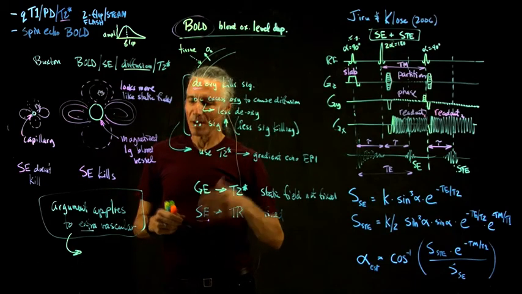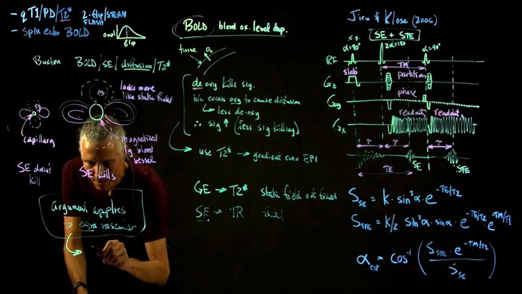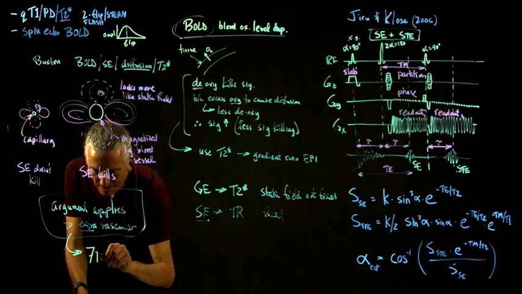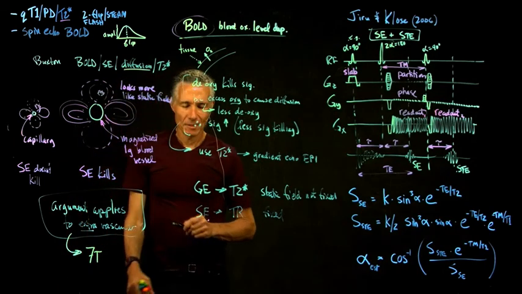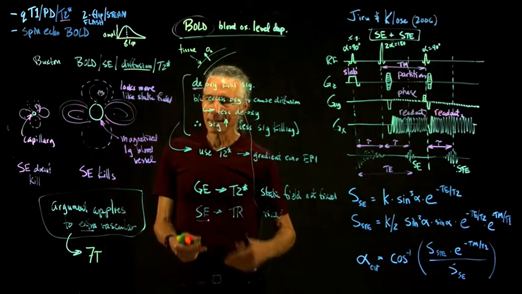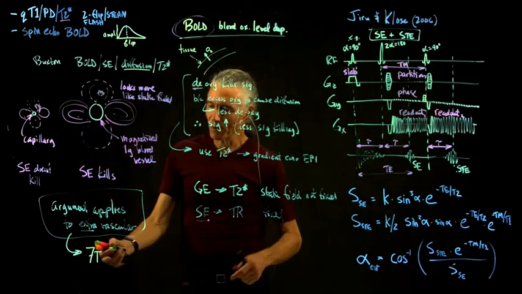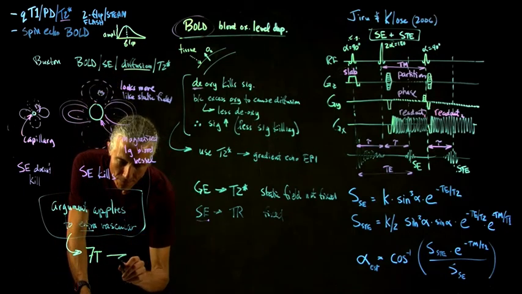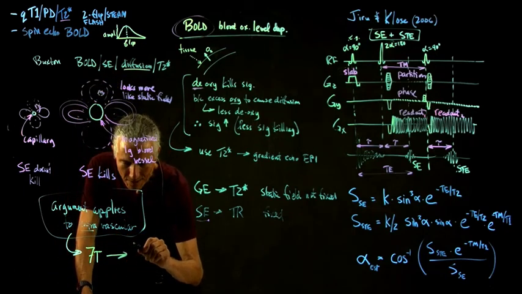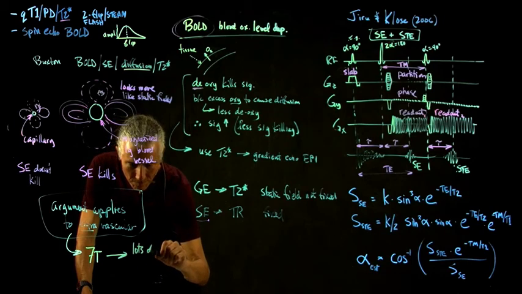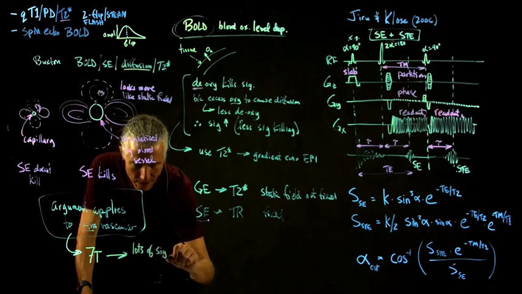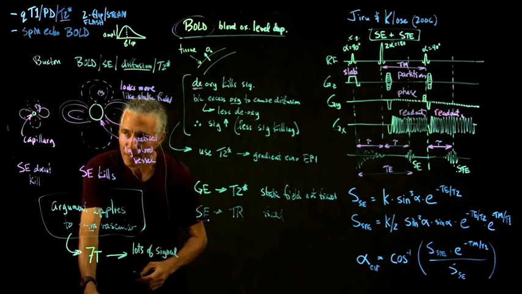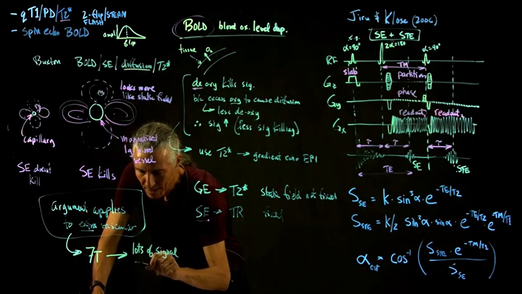Unless you have a lot of signal to work with, like 7 Tesla, you typically don't want to mess around with it, because the signal will fall into the noise. But at 7 Tesla you have lots of signal, because the BOLD signal is more or less proportional to the Tesla.